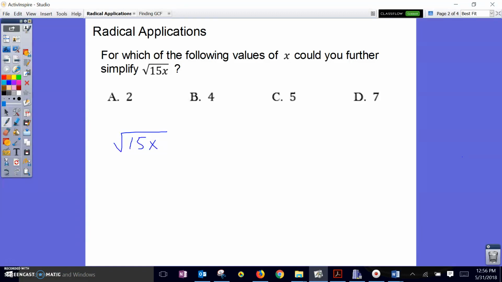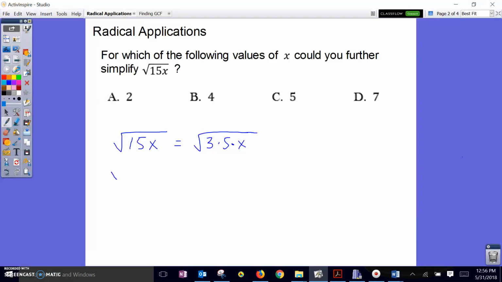So if we think about this, 15 is 3 times 5. So this is the square root of 3 times 5 times x. So if I put any of these values in here and have a factor that shows up multiple times, then that means that's going to be a value of x for which I could further simplify this radical expression.